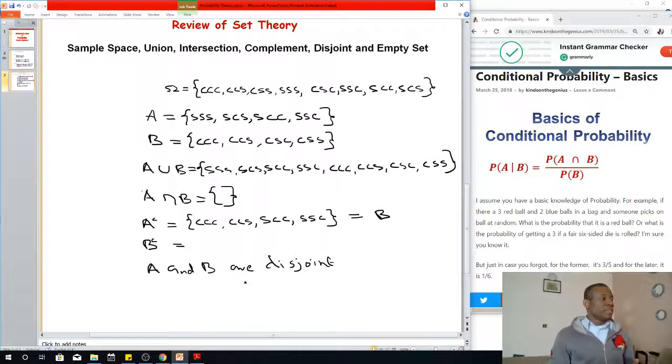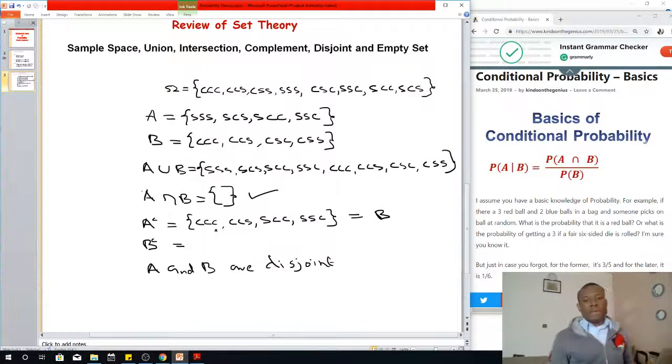Two sets are disjoint when A intersection B is the empty set. So when we have something like this, A intersection B is equal to the empty set, we say that those two sets are disjoint.